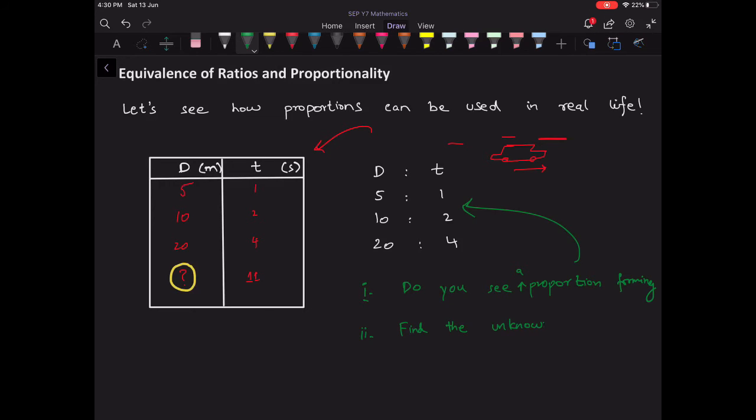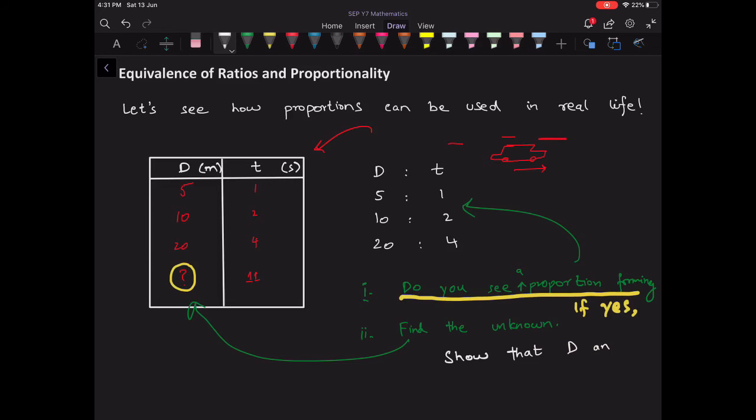Also, find the distance that the car has traveled in 11 seconds. If you see a proportion in the given ratios, then show the proportionality between distance and time by using the proportionality sign.